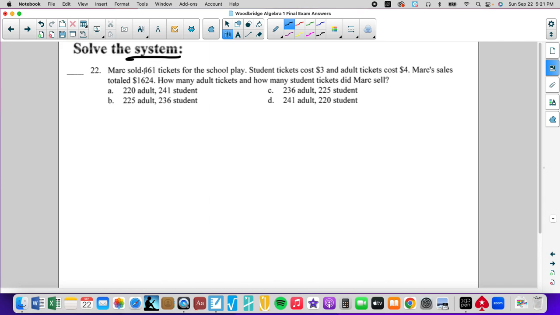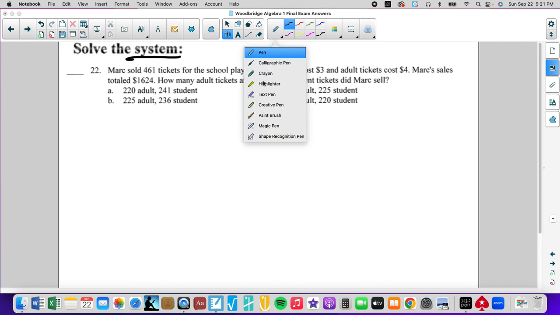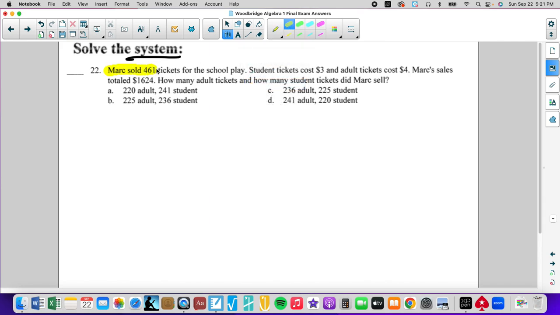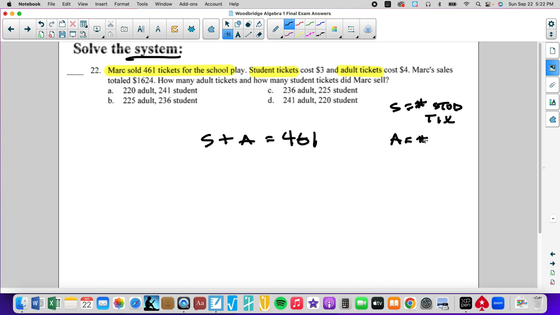Since we sold 461 tickets, this is going to be one of the statements, and we know that there are student tickets and adult tickets. So from that, I can write this. Student plus adult is going to equal 461, where S equals the number of student tickets, and A equals the number of adult tickets.